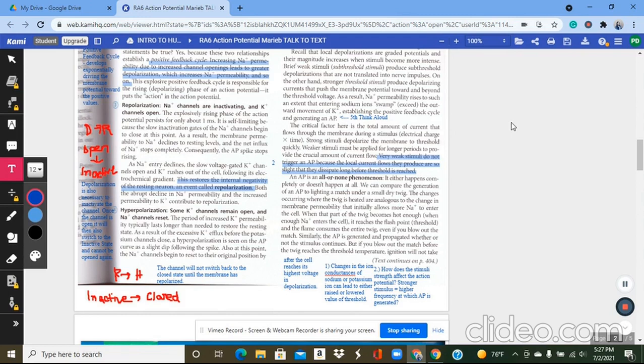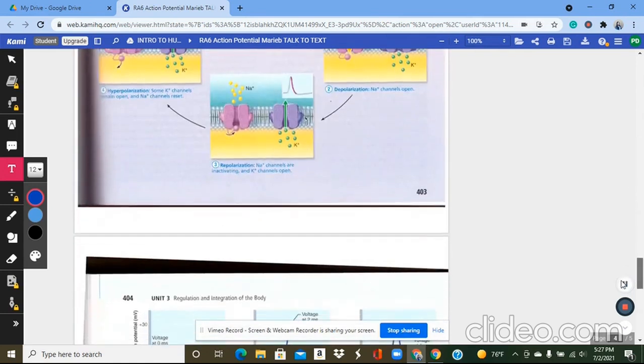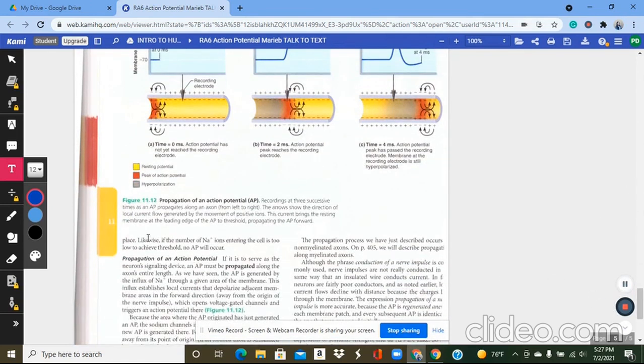When that part of the twig becomes hot enough, when enough sodium enters the cell, it reaches the flash point, the threshold, and the flame consumes the entire twig. Even if you blow out the match, similarly, the AP is generated and propagated whether or not the stimulus continues. But if you blow out the match before the twig reaches the threshold temperature, ignition will not take place. Likewise, if the number of sodium ions entering the cell is too low to achieve threshold, no AP would occur.